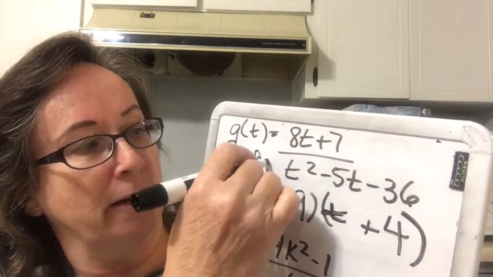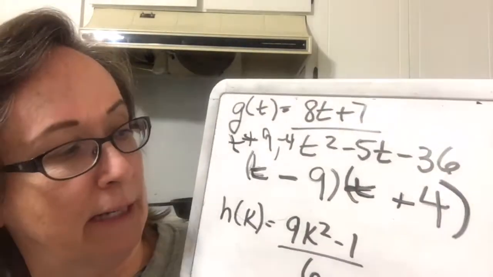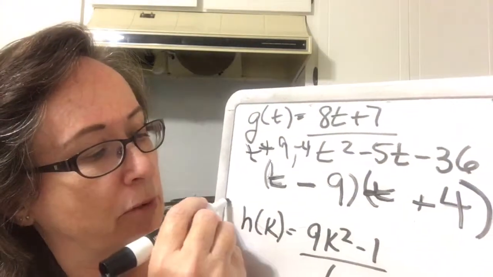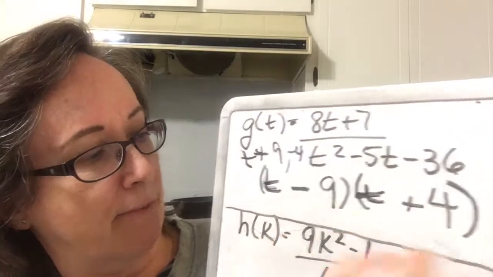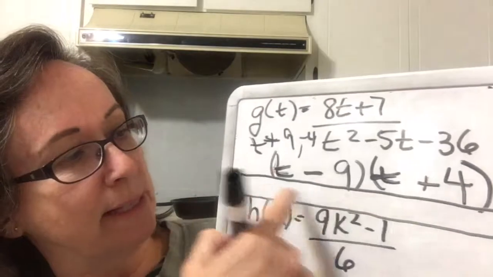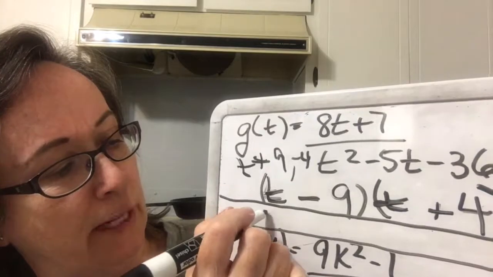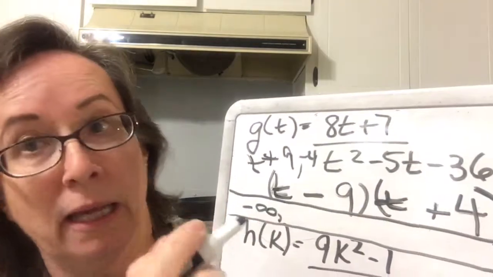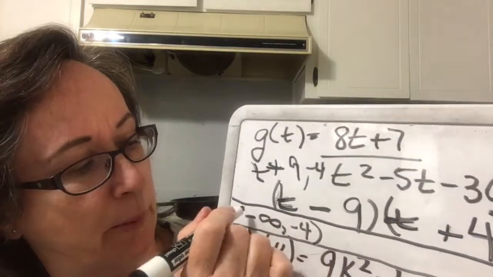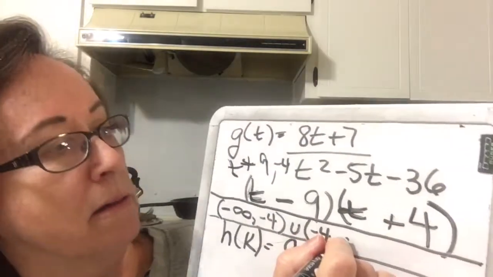and negative 4. Since t cannot be 9 or negative 4, I'm going to write my domain down here. Remember your domains are always written in number line order.